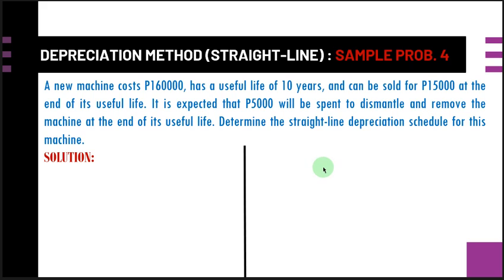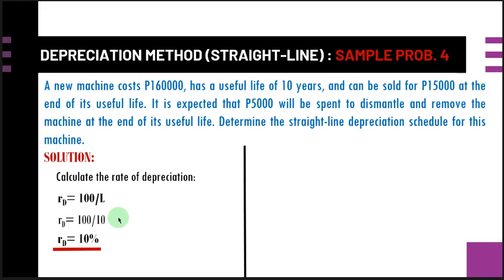So our rate of depreciation is simply equal now to 100 over L. We have here R sub D equal to 100 over L, in which our L is simply the useful life of 10 years. So 100 divided by 10 is simply equal now to 10% as our rate of depreciation.